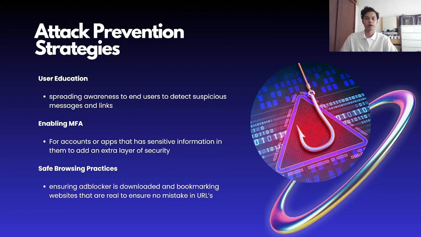Thirdly, we have safe browsing practices. In modern browsers, you can download extensions such as Chrome extensions for an ad blocker. It ensures that if there are any ads, they will be instantly blocked. Next, we also have bookmarking websites that are real, to ensure that there are no mistakes or mistypes in URLs.